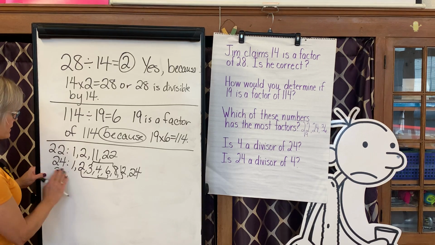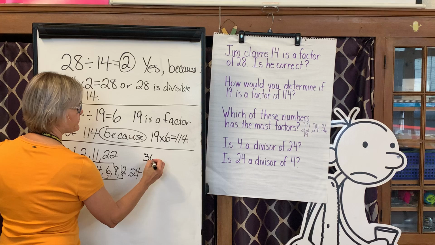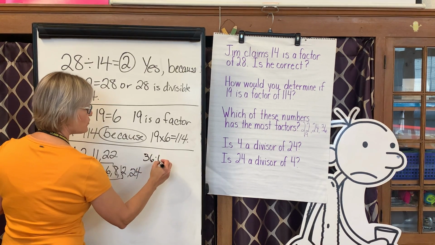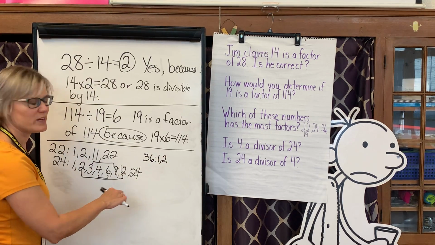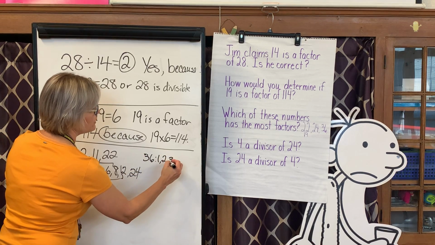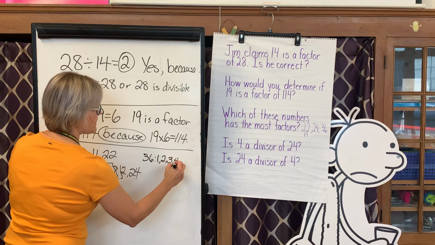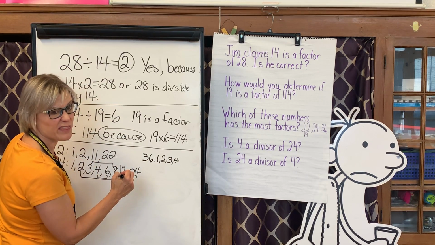All right, so I didn't leave much room for 36. All right, 36 over here. All right, 36 is even, so I know we've got 2. So 1, 2, I know 3, because I've got my 3 here, so that would be 1, that would be 12. 3, 4, 5, no, because we don't have a 0 or a 5 with that.